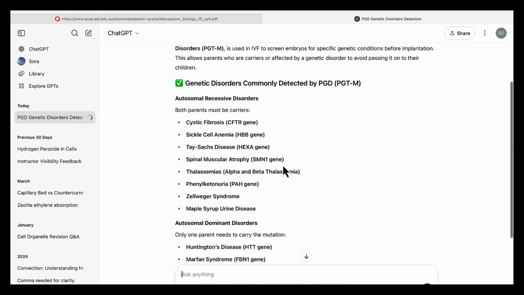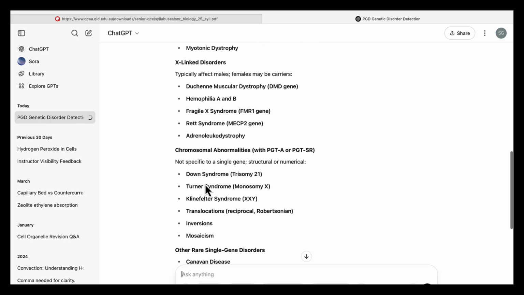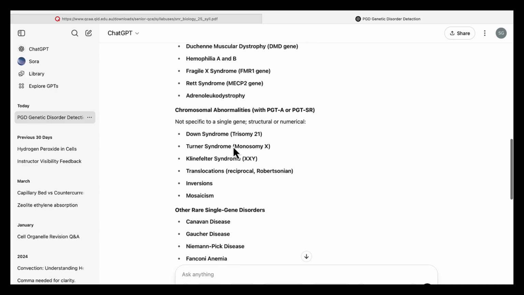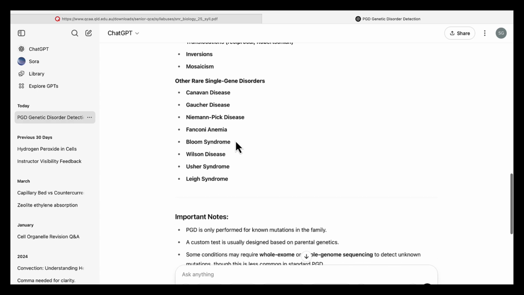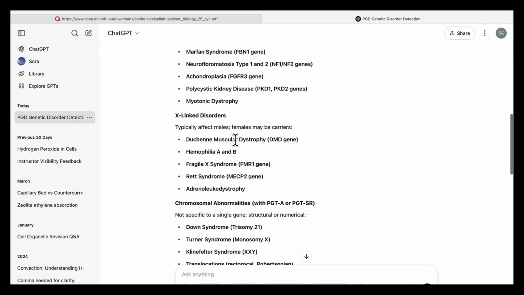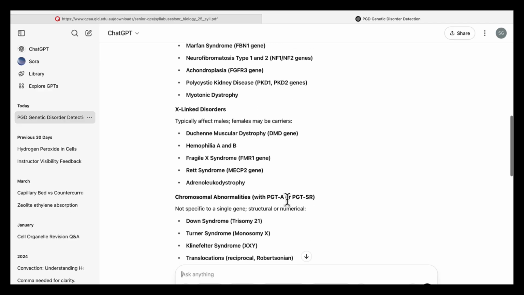We've got single gene disorders, and we've got chromosomal abnormalities, something like Down syndrome, and then there's a whole heap of other things. We could maybe have a look at one of these, or we might look at PGTA.